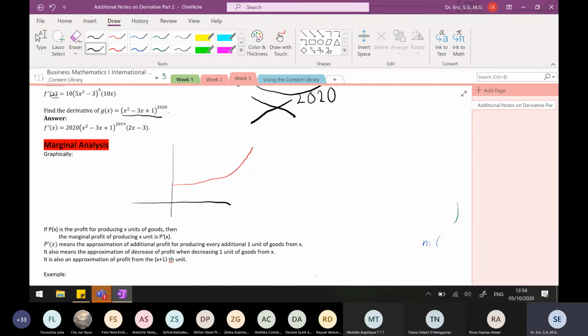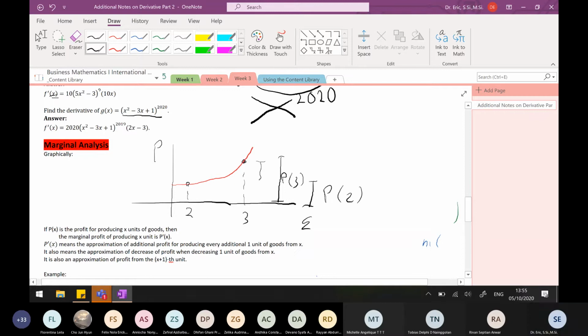This is at x equals 2 here, this at x equals 3. This is the profit, this is the quantity. So this height is P3, this height is P2. So this height is P3 minus P2. This is the actual profit for producing the third unit.